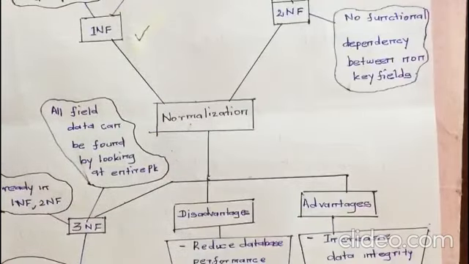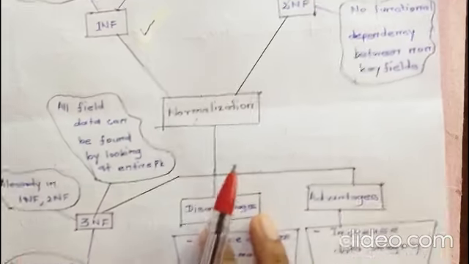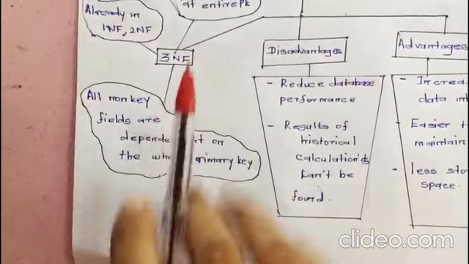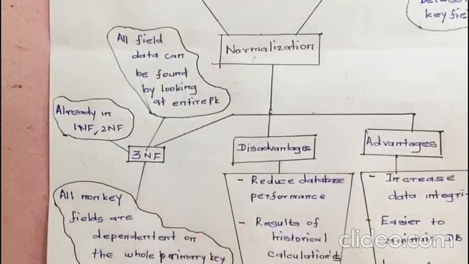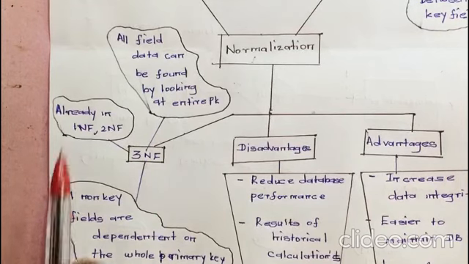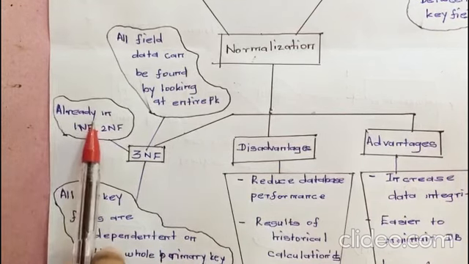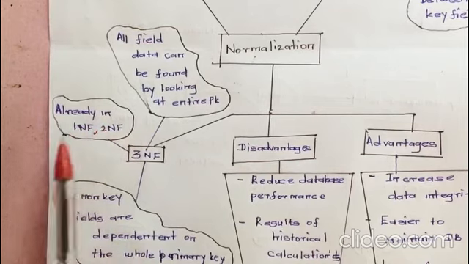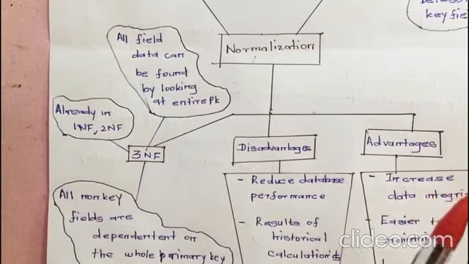After the second normalization form, we move on to the third normalization form. Third normalization form is about transitive dependency, which means all non-key fields depend on the whole primary key. Another rule is that it should already be in first and second normalized form.